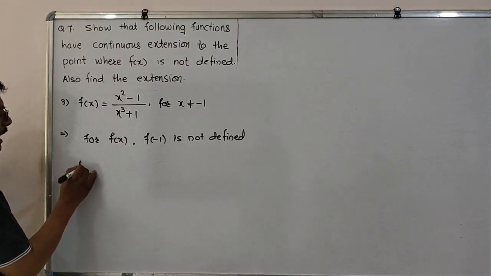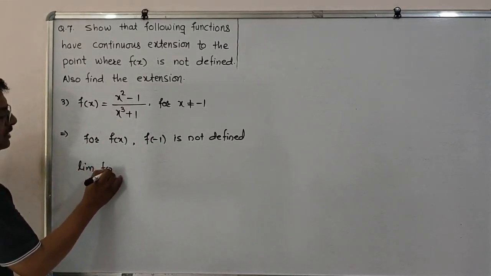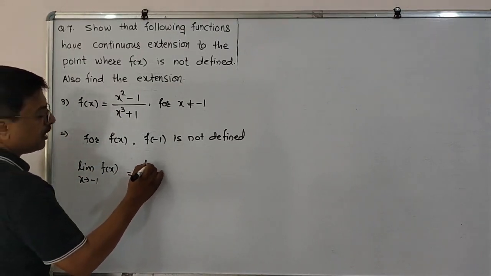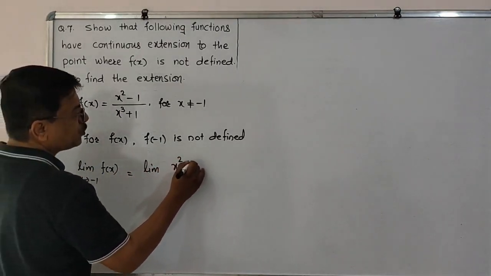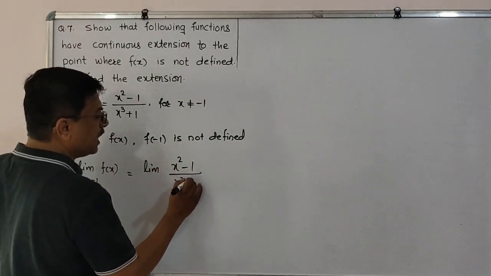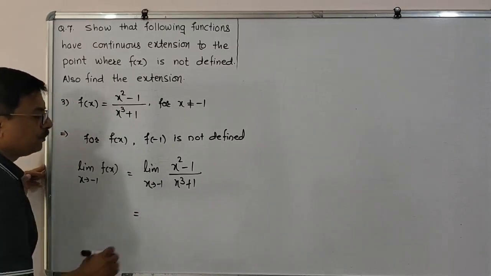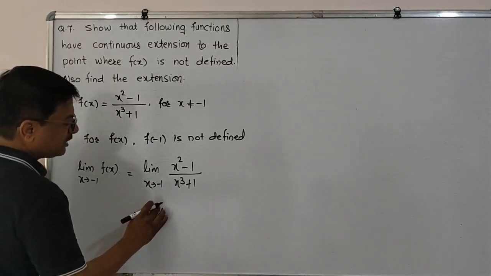Means we are going to find limit of f of x as x tends to minus 1. That is equal to limit of (x square minus 1) divided by (x cube plus 1) as x tends to minus 1, which is equal to limit of, factorize it.